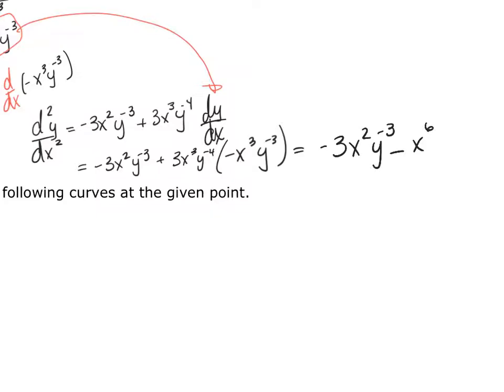And then I have y to the negative 7. So negative 3, oh, that should be a negative 3 there. Squeeze that negative 3 in. The positive 3 times that negative 1 is a negative 3x to the 6th y to the negative 7. So there, oh, that didn't take me that long.